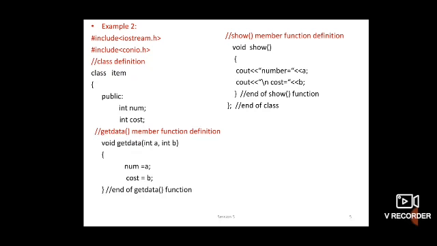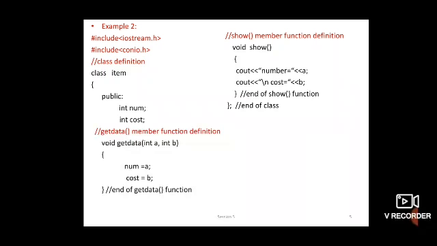After writing these two member functions, then write end of class, so the show and getData member functions are before the end of class. In this program two member functions are defined. Now create an object. Why create an object? Because we access these two member functions through it.